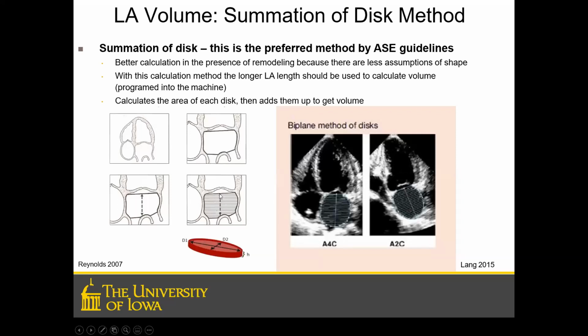So when we talk about where this length measurement is, it's important that it's perpendicular to the LA long axis, because those disks are always going to be perpendicular to that long axis. So if it's crooked, you get some dead space.